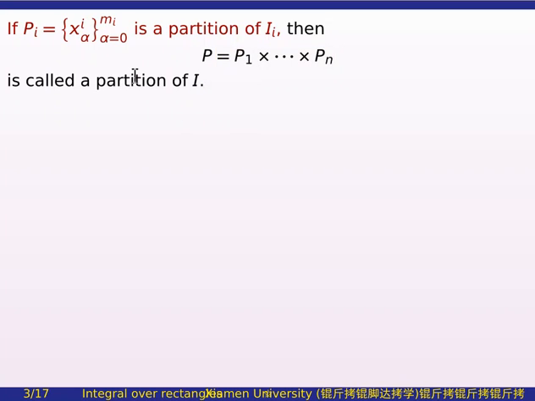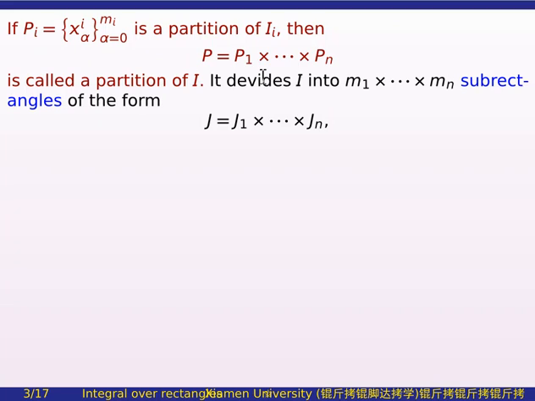So this is a rectangle partition of the rectangle I, and as I said before, it divides the rectangle I into sub-rectangles of this form, J1 cross ... cross Jn. Here the Ji are small intervals.